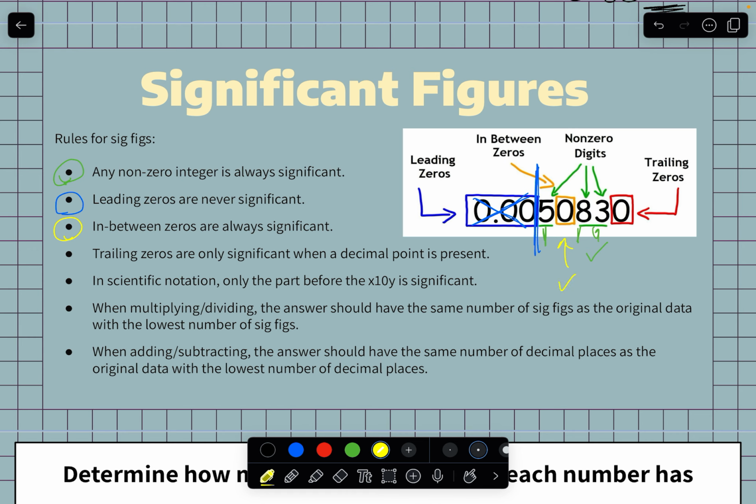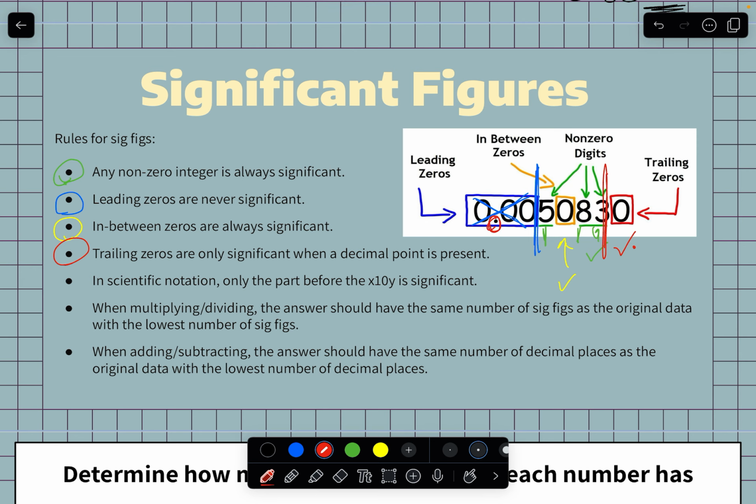They're always significant. And then trailing zeros, as it sounds, are trailing. It's after our last non-zero. Our last non-zero is a 3. The zeros after are significant if we have a decimal point. Here we do have a decimal point in the front, so it is significant.